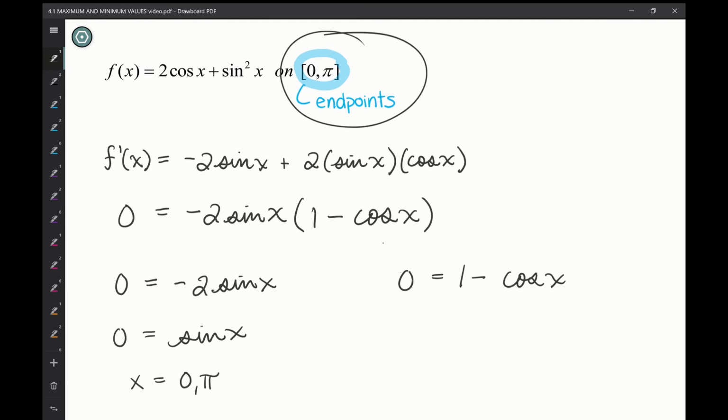Next, we'll solve 0 is equal to 1 minus cosine of x for x. It's probably easier to just add cosine of x to each side. So we're looking for values where the cosine of x is equal to 1. Over our interval, that's where x is equal to 0.